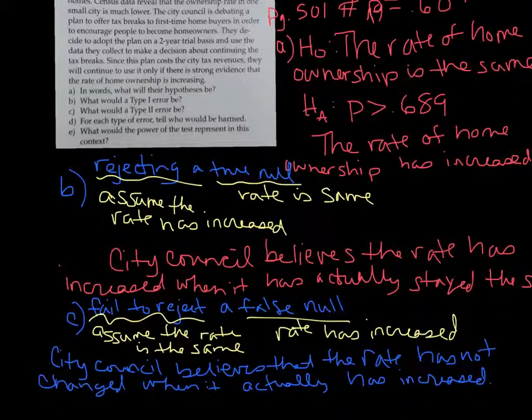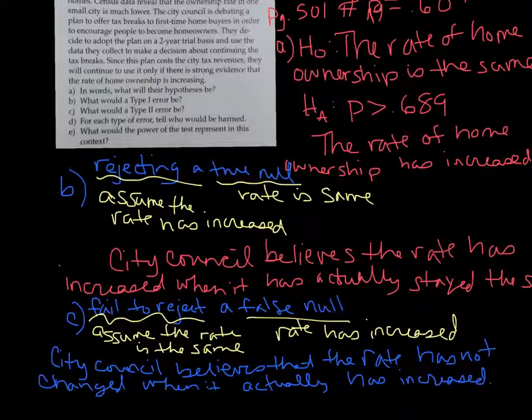So for part D, they want to ask about what's going to happen if they commit each of these types of errors. For a type 1 error, that would be that the city council believes the rate has increased when it actually stayed the same.